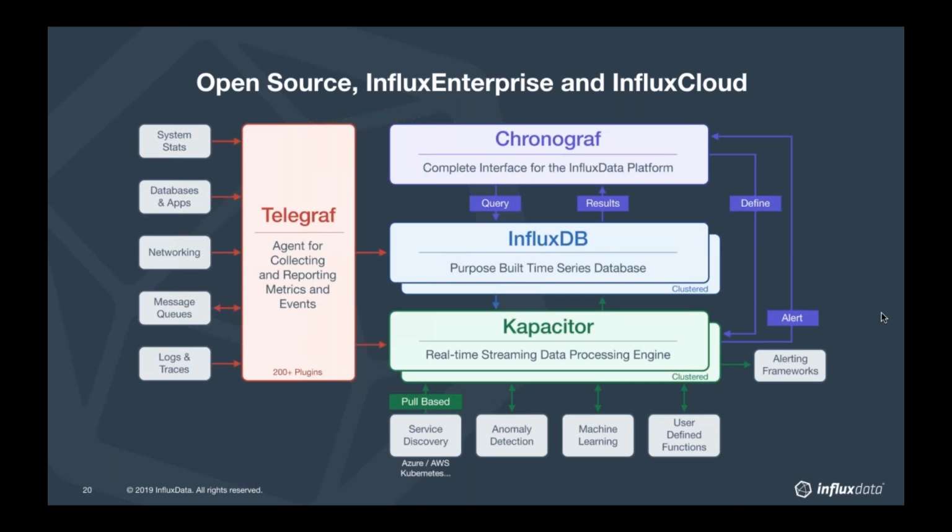And then finally, we have a lot of users that are taking this data and throwing it into some kind of machine learning framework. A lot of times they actually bring that trained data back into InfluxDB so they can make a comparison, or they can use both data sets in the work that they're doing. There are also a couple of open source projects that you can try that could do that.